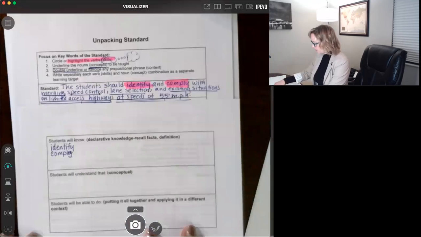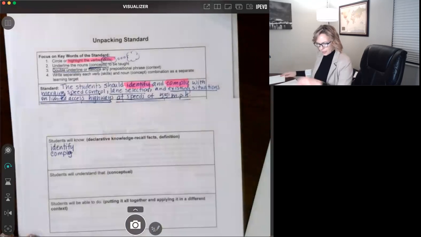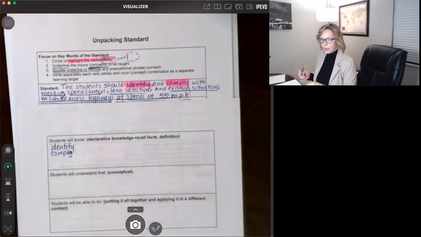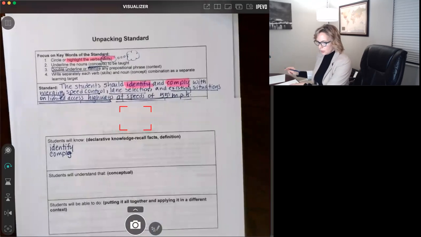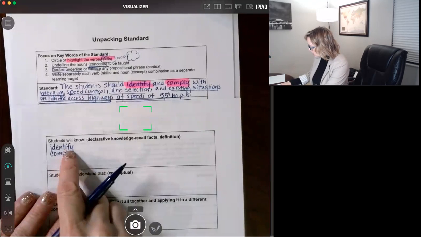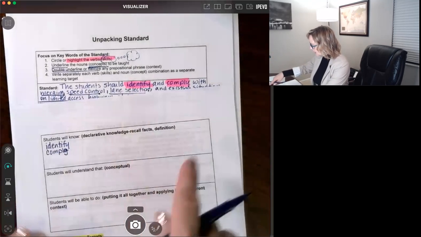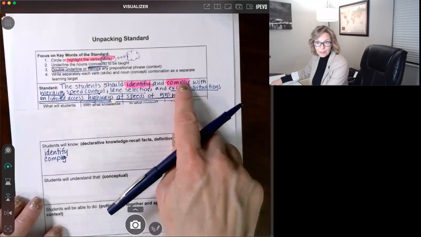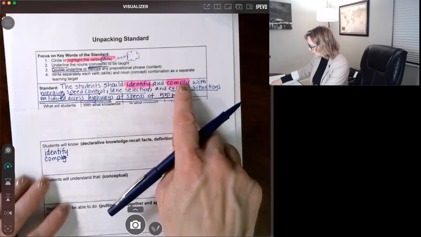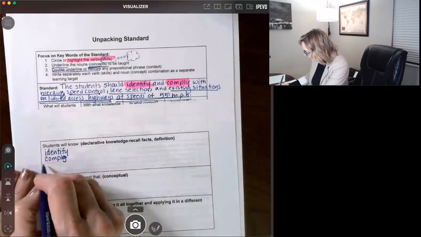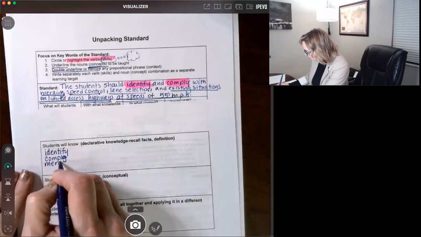standard here, right there. And I've already determined a couple of vocabulary words I think students need to know. They need to know what identify is. They need to know what comply means, right? They need to know that definition. I also think they need to know merge.